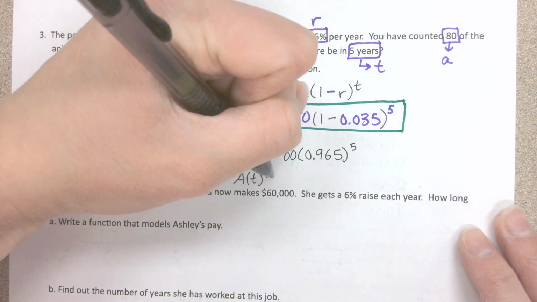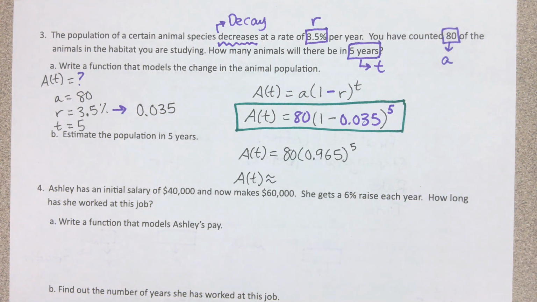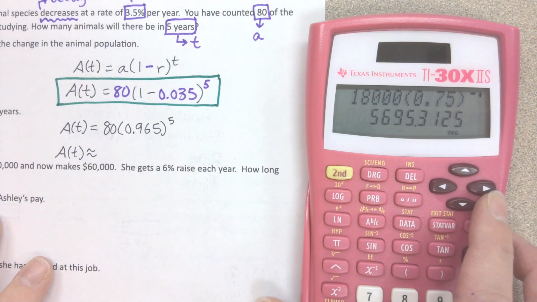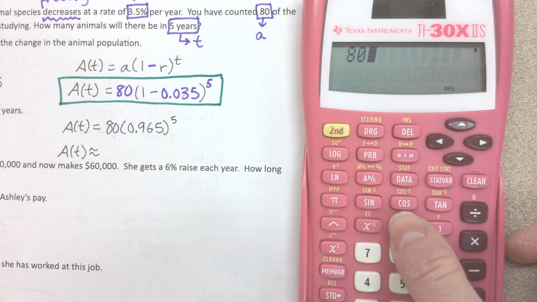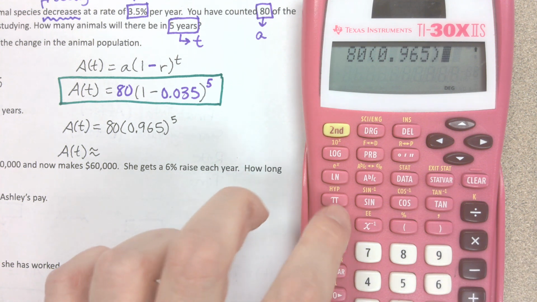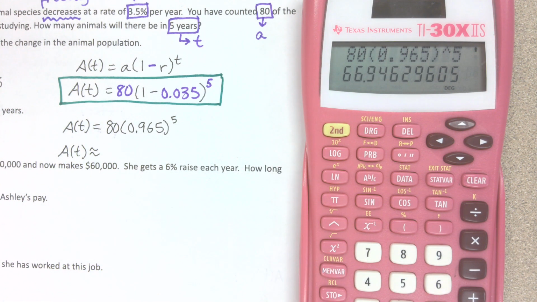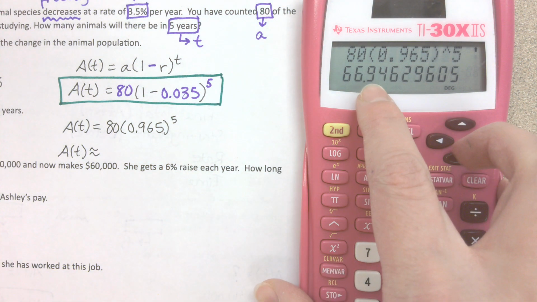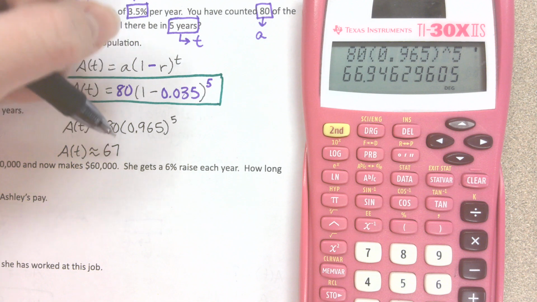And then we use our calculator and round. 80 times 0.965 to the 5th. And this time I'm estimating animals, living beings, so I'm not going to give a decimal. I will round that to a whole number. 66.9, that does round up to 67 animals.